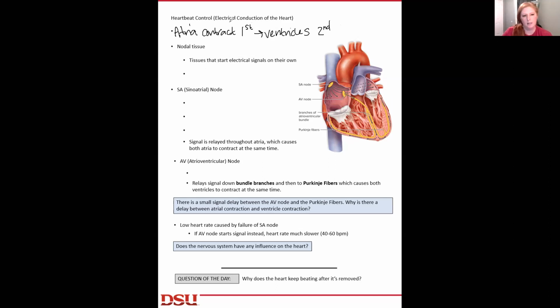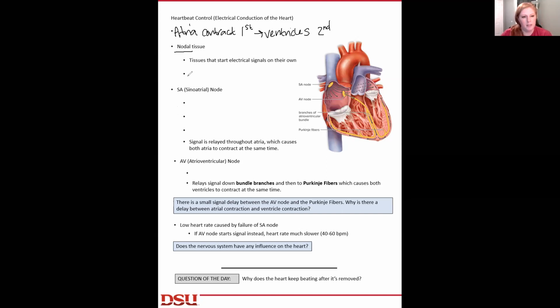And what really controls this electrical conduction is a specific type of tissue called nodal tissue. And these tissues start electrical signals completely on their own. This is important. It means that there isn't anything else required outside of the heart itself for that electrical pulse to be generated, okay?